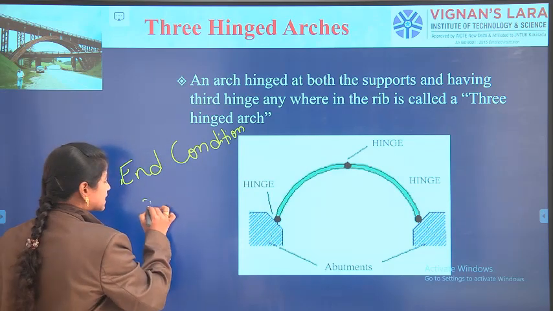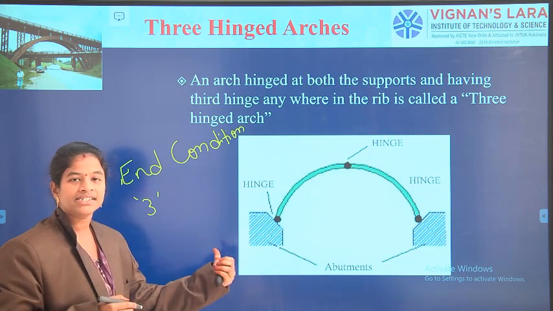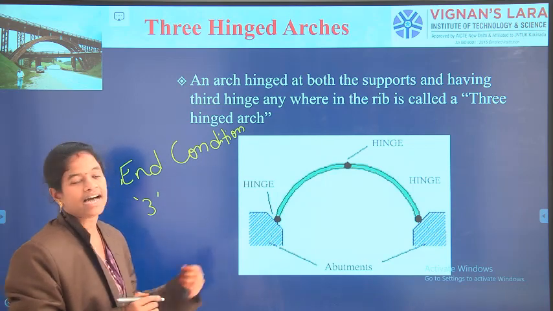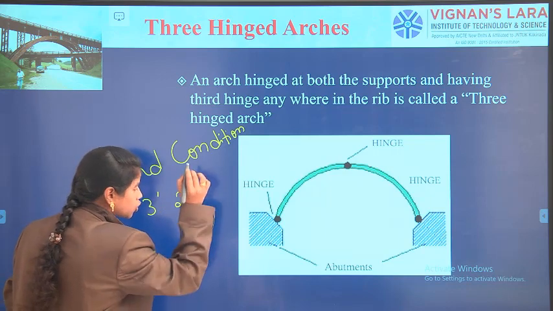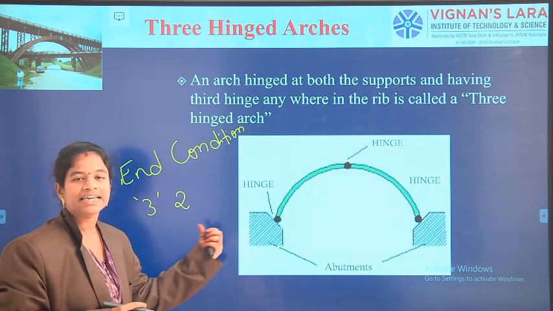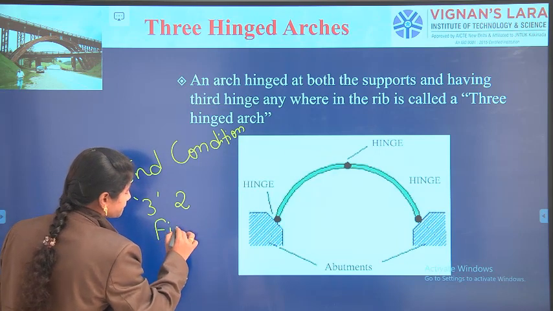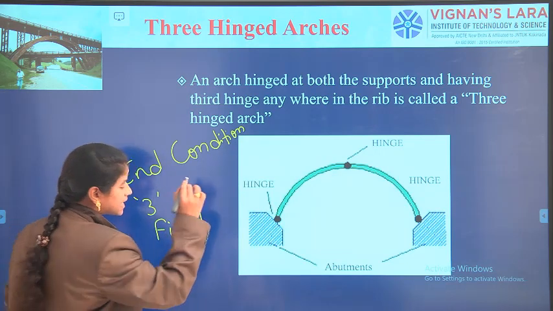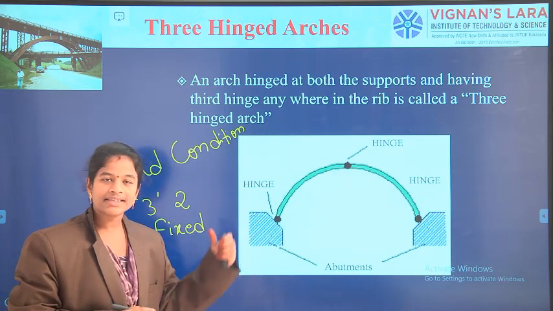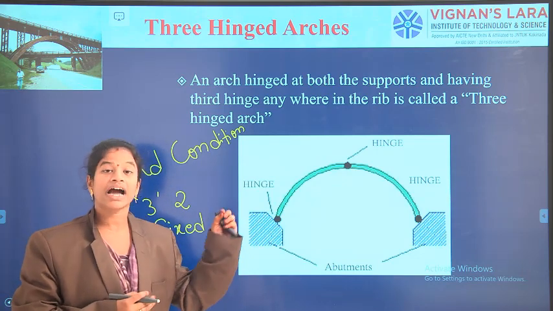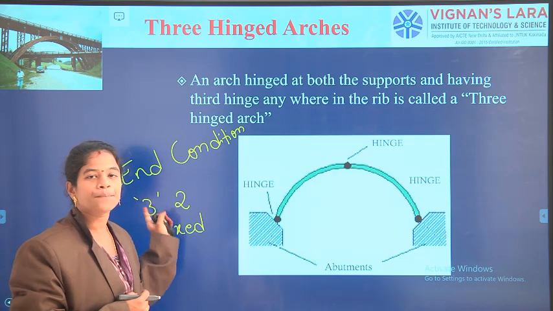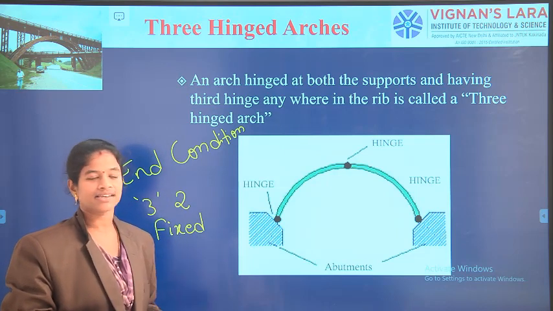When there are three hinges on the arch, we call that a three-hinged arch. Or it has two hinges at the supports, that is a two-hinged arch. And if it has fixity at both supports, that is a fixed arch. So like this, we have classified our arches based on their support conditions or end conditions, right?